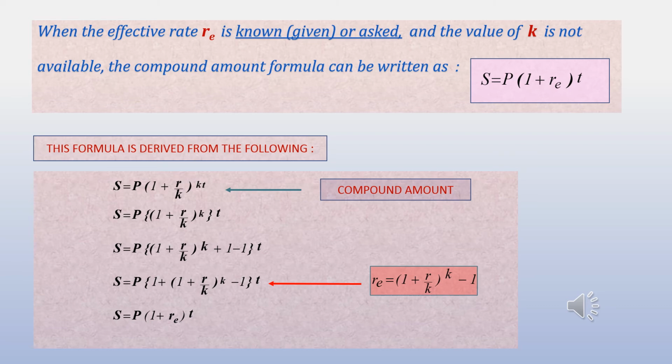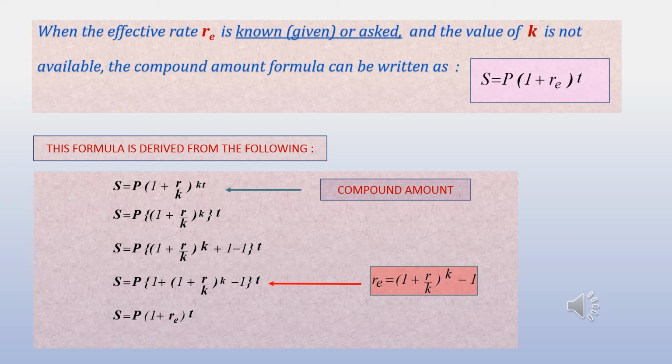This formula is derived from the compound amount formula that we had previously: S equal to P multiplied by 1 plus R over K to the degree of kt. By separating the exponent kt and adding 1 and minus 1, you know that 1 minus 1 is 0, so it does not change the value of the equation.